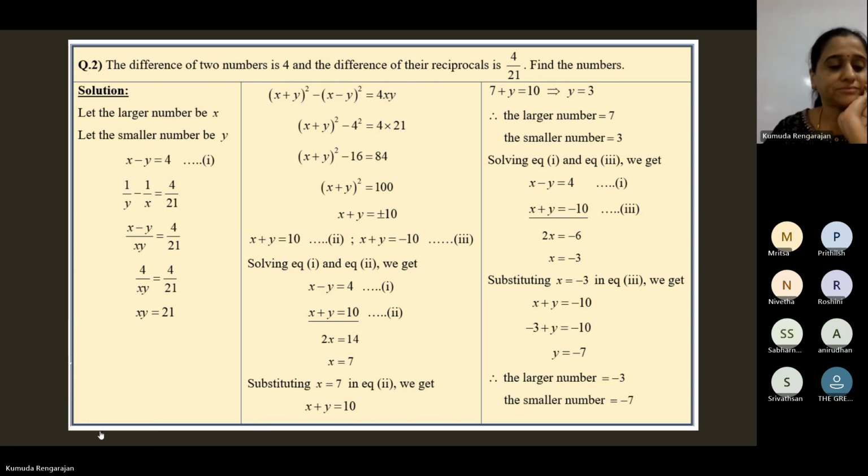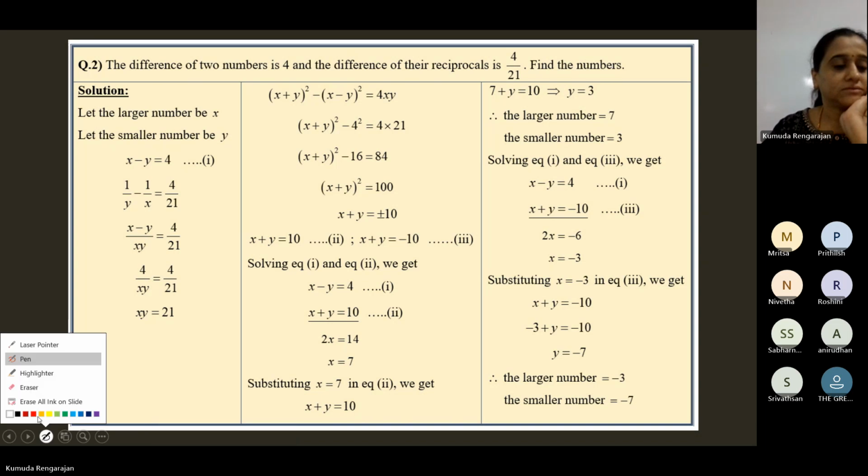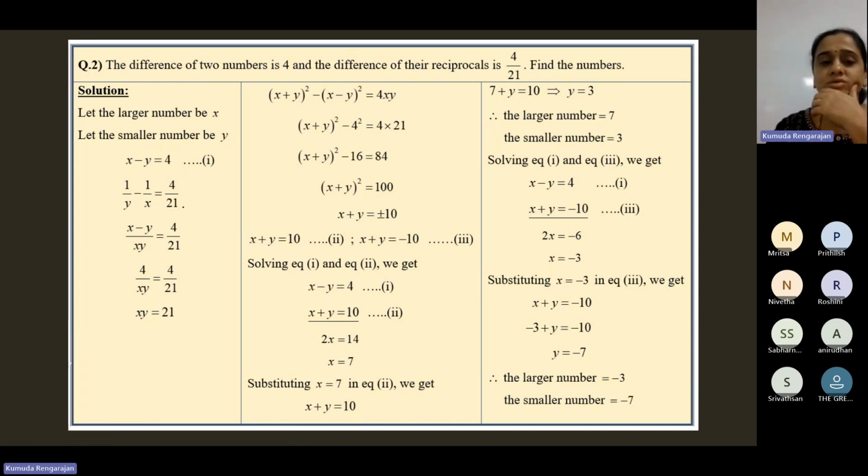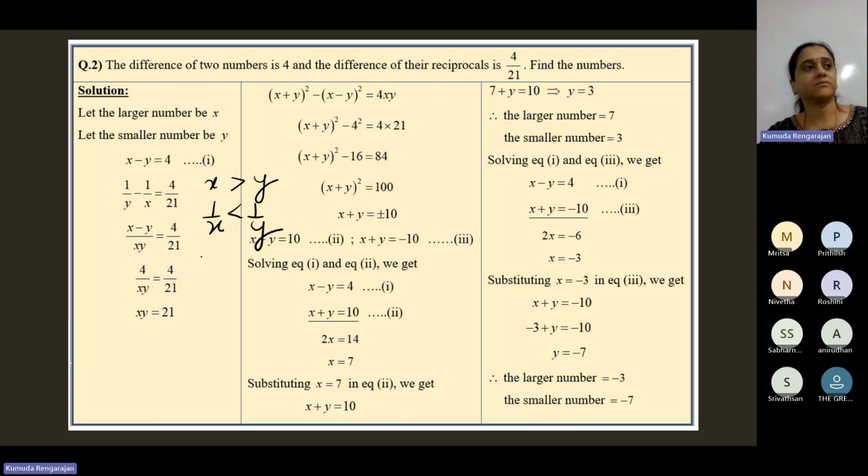Okay. So as we understood, if x is greater than y, 1 by x will be less than 1 by y.